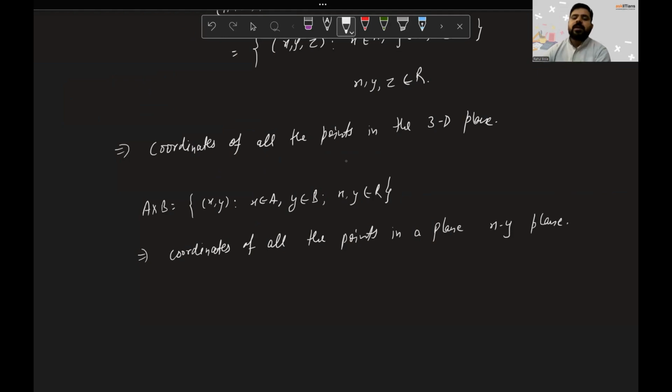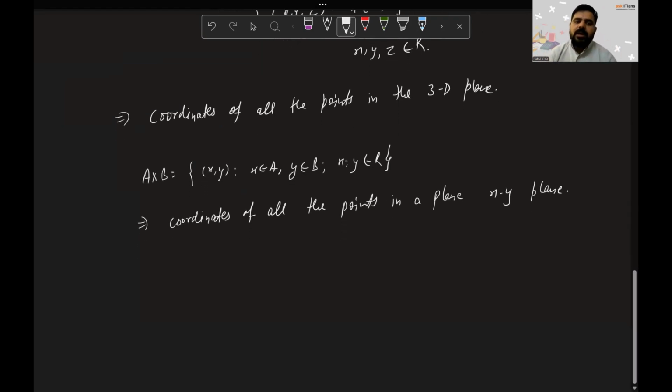We might also have the yz plane or zx plane, depending upon what values we are taking. So this is how we can write an ordered pair and an ordered triplet. What does an ordered pair mean when x and y are real? What does an ordered triplet mean? All those things are done.